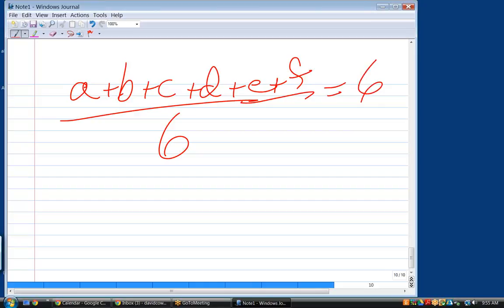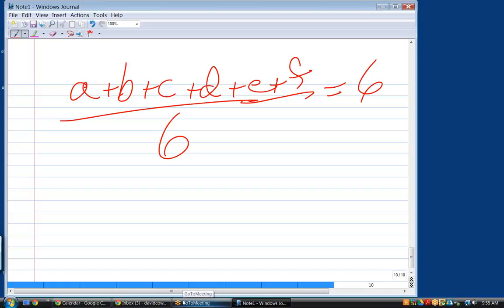Now, if 3 is subtracted from 4 of the numbers, what's the new average? 3. We're not subtracting 3 from all 6 of the numbers. We're only subtracting 3 from 4 of the numbers.